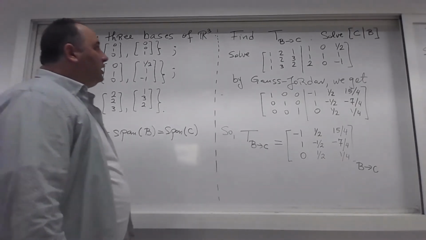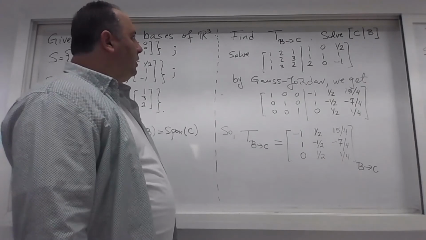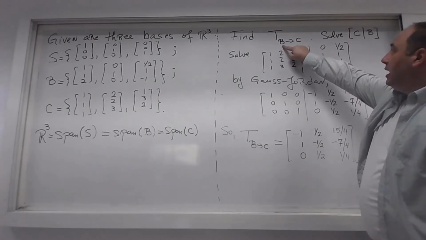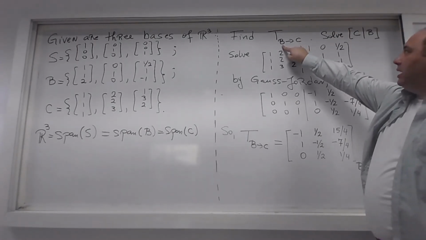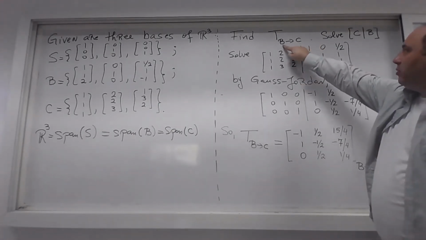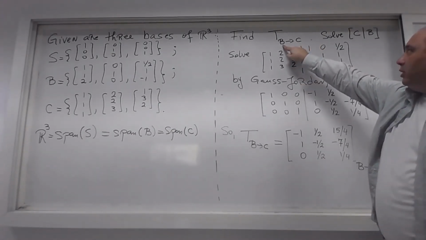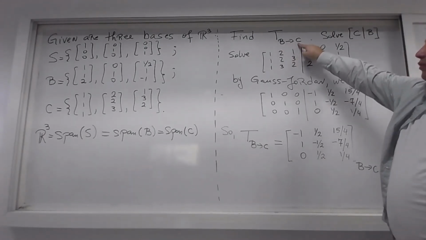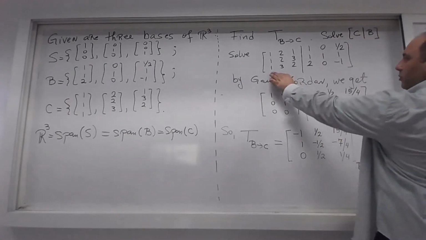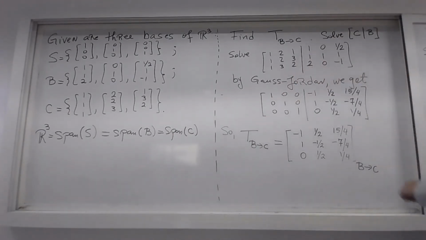Let's now compute the transition matrix from basis B to basis C. So here, what does it mean? Well, it means I need to express every vector from basis B as a linear combination of vectors in basis C. That means that the vectors from B will be on the right side of the equation, and the vectors from C will form the matrix. So I'll technically solve something that has this form, C slash B. So I put the vectors from basis C slash the vectors from basis B, and then use Gauss-Jordan with elementary row operations, obviously.